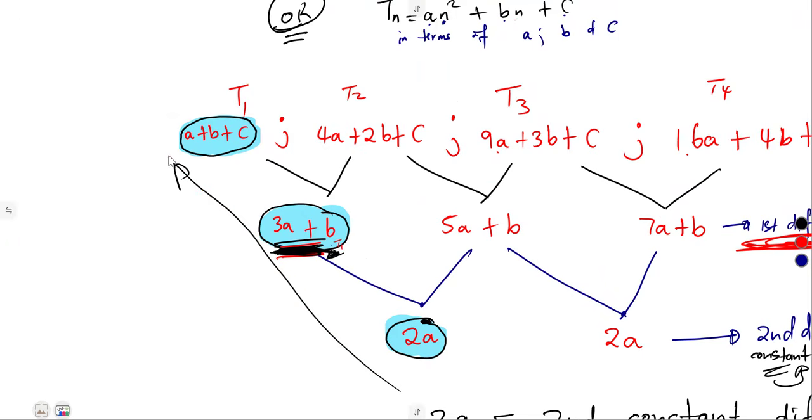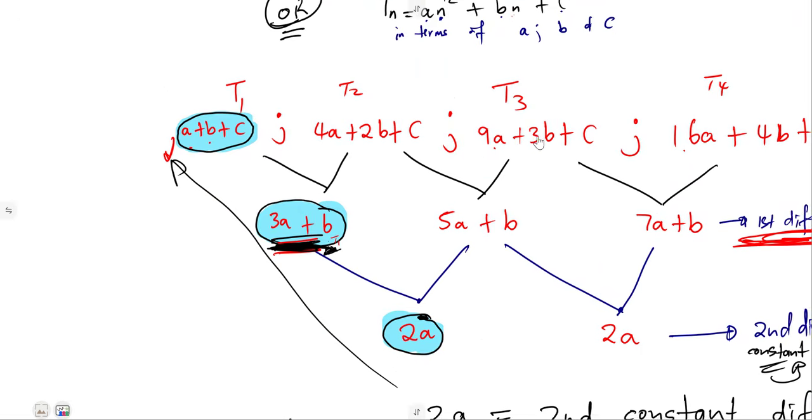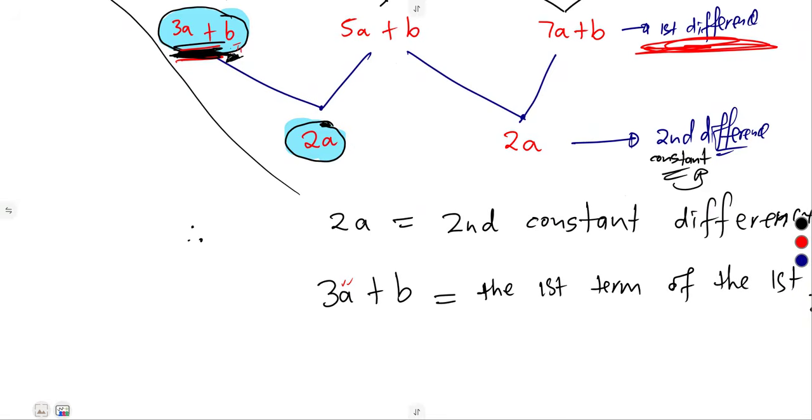The last part we are going to take is a plus b plus c. What is it representing? It represents T1 from the original sequence.